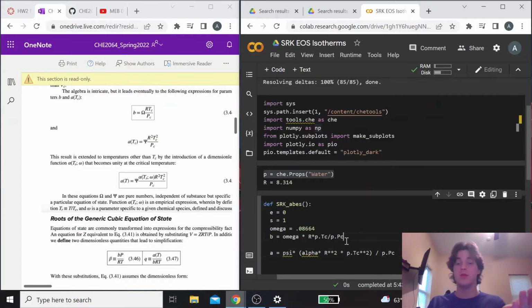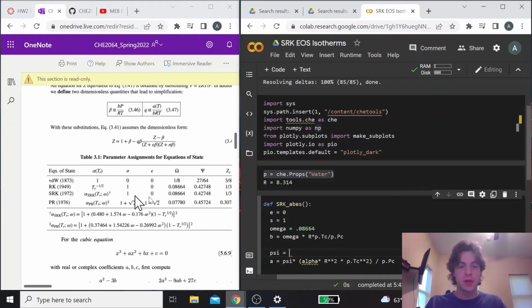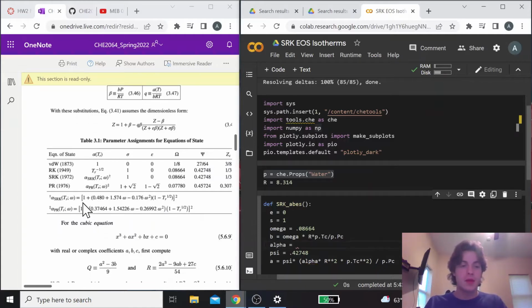Now we need to calculate alpha and psi because we don't have those. Psi, we'll come back down to our table, and it's just a value. For SRK, it is 0.42748. And alpha, for SRK, is this equation right here.